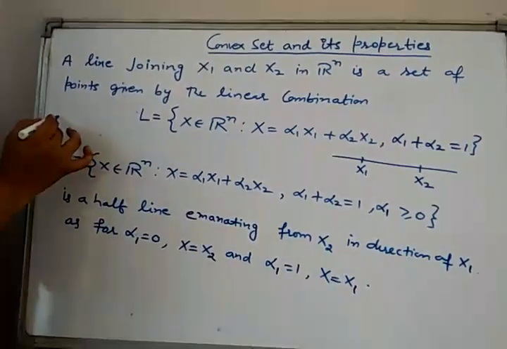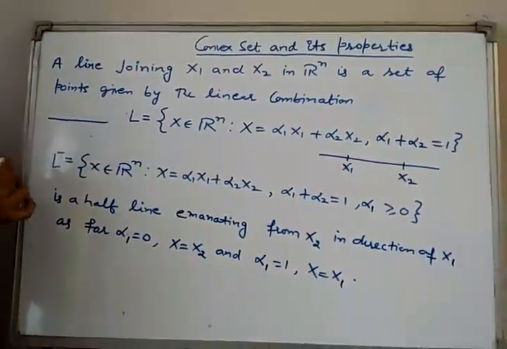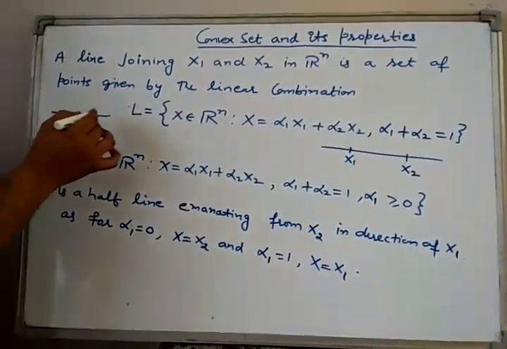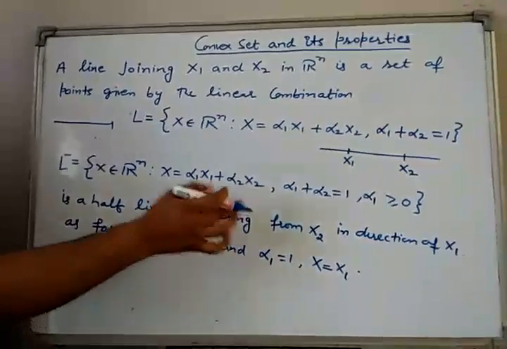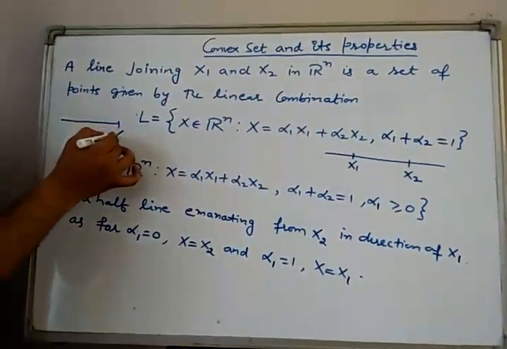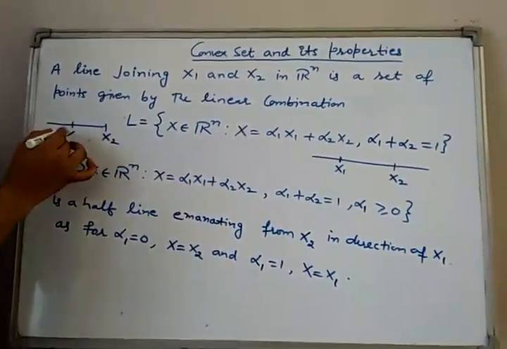Now we want the equation of a half line emanating from x2 in the direction of x1.